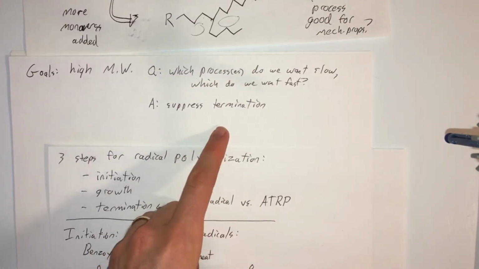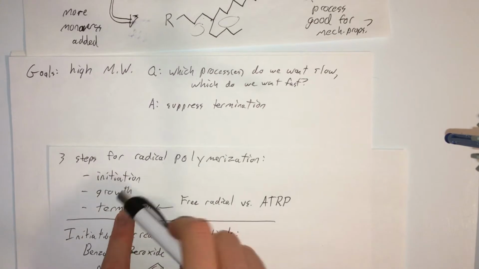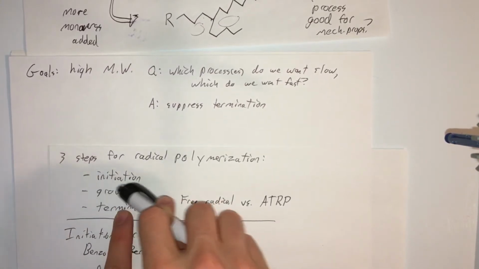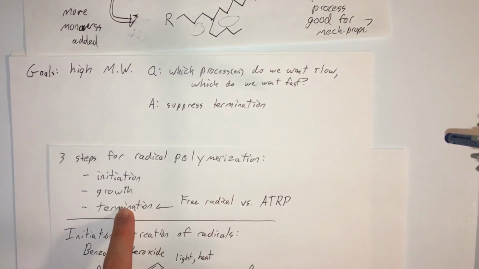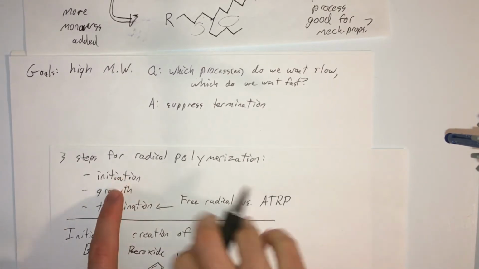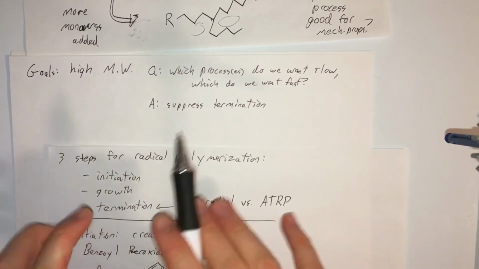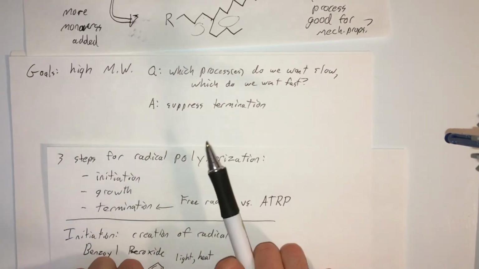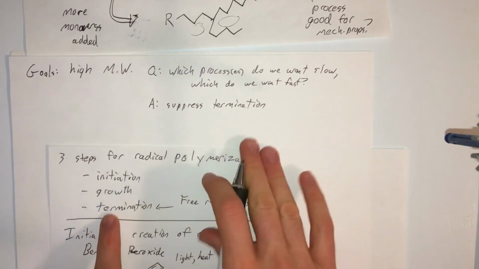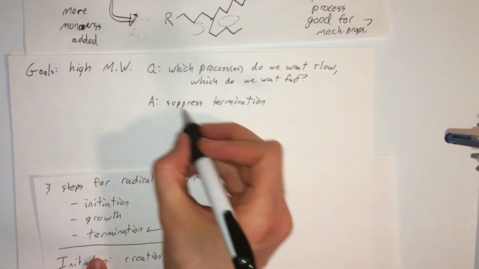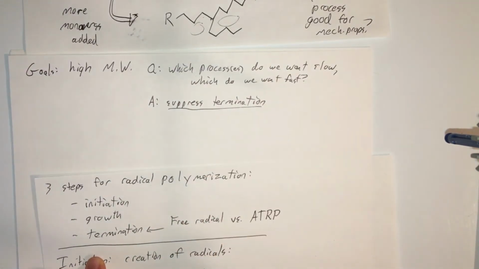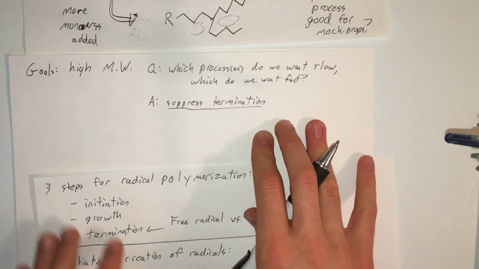That way, if termination is slow, then there will be a lot of growth of polymers before termination gets a chance to happen. Alternatively, we could also suppress initiation, so that there are fewer chains competing for the monomers that we do have. But suppressing termination is the key thing to getting high molecular weight polymers.